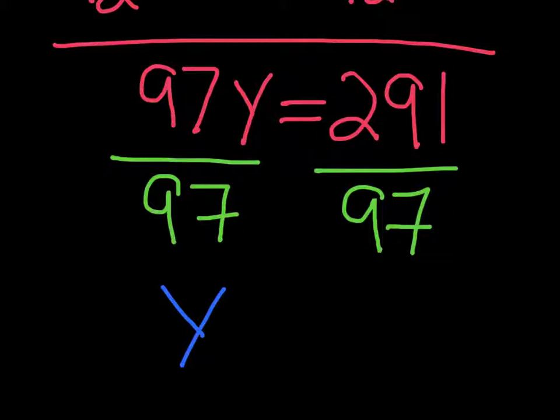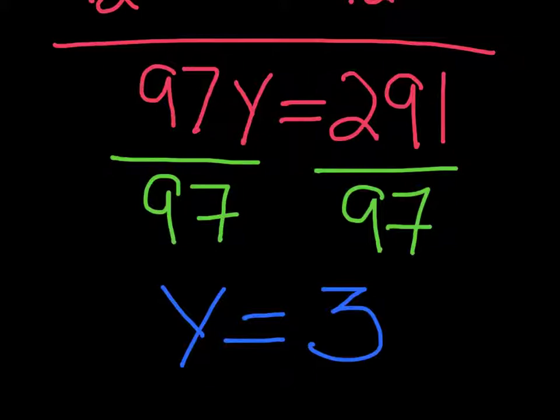And then I have y equals 291 divided by 97, which conveniently works out to equal 3. So at this point, I have successfully solved the equation.